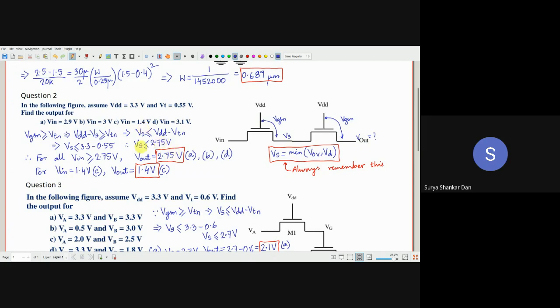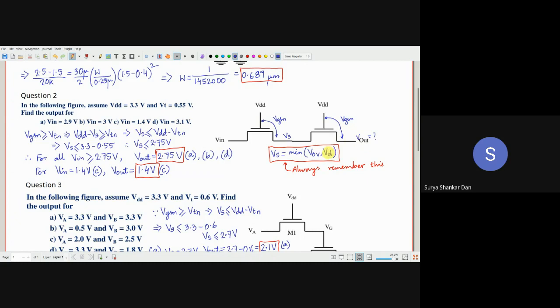So VS can be less than 2.75, but will not be more than 2.75. Okay, so that means VS is equal to minimum of VOV comma V in. What is this VOV? VDD minus VT. Okay, everybody getting me? Whichever is minimum, you have to take that.